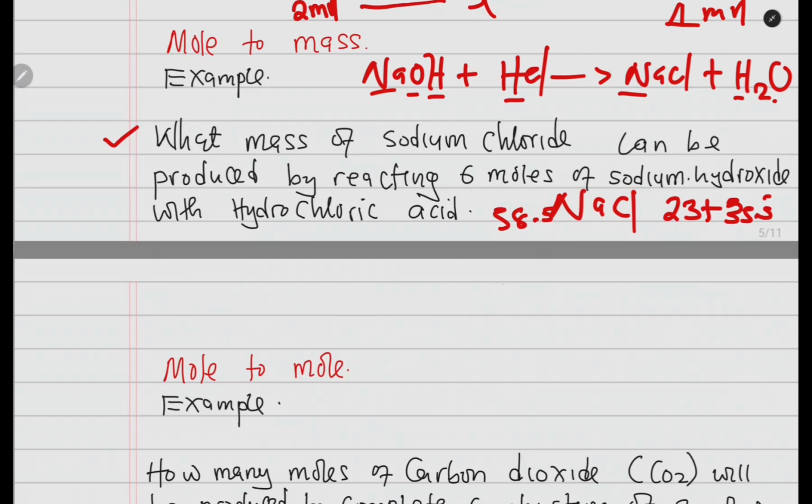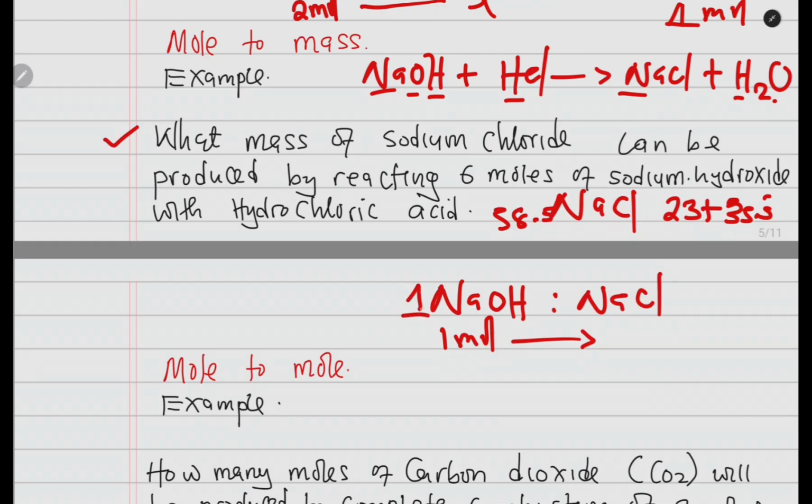I guess I haven't lost anyone. So we have sodium hydroxide to sodium chloride. So 1 mole of this, how much of this one is produced? If you are using mole to mass, you say 1 mole, the first one, you consider the number in front in terms of moles. But for the second one, you find its molar mass, then you treat it as relative formula mass and treat it as mass.